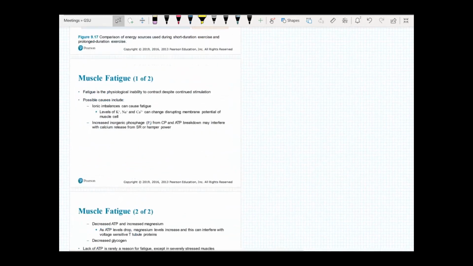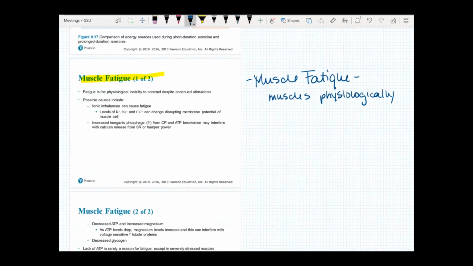However, you will hit a state where your muscles will actually go through a process of fatigue. It doesn't matter how in shape or how awesome you are, your muscles will hit a threshold. There is going to be a point with muscle fatigue where the muscles will physiologically be unable to contract.